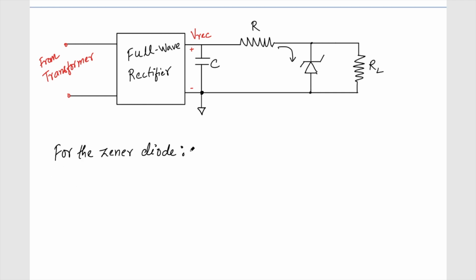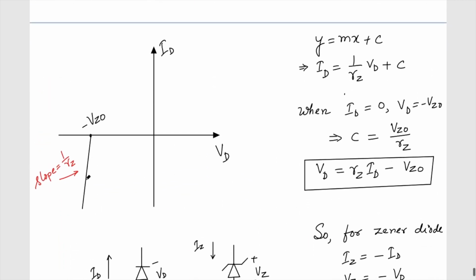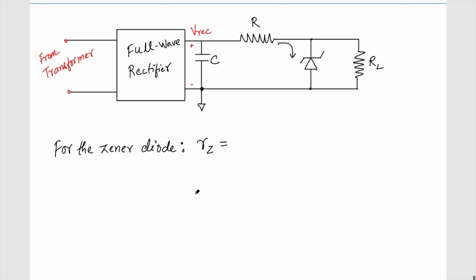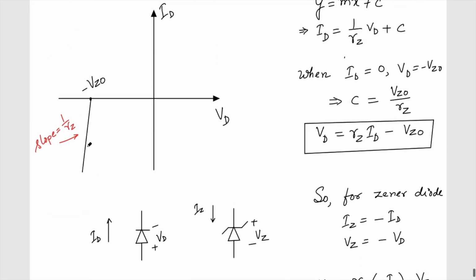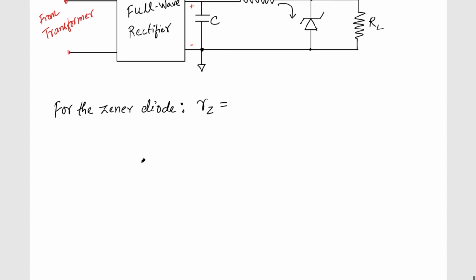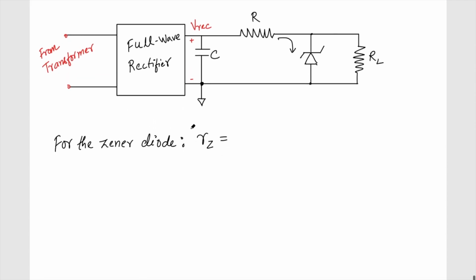For the Zener diode, Rz, the resistance, this, right, the inverse of the slope, is equal to 10 ohms, at a test current of IZT equal to 10 milliampere and VZT equal to 6.3 volt.